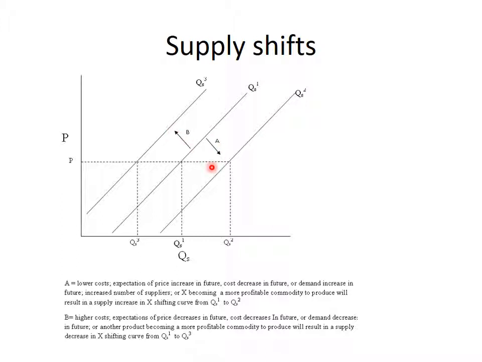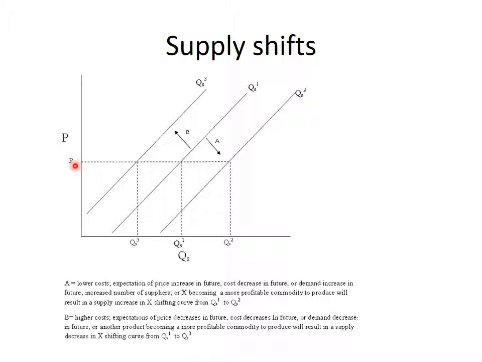Now let's look at shifting the line. And you see what the difference is. A represents an increase in supply. What does that mean? That means let's hold the price constant. This is exactly the same thing we did with demand. If we hold the price constant, we'll have more supplied for that given price.